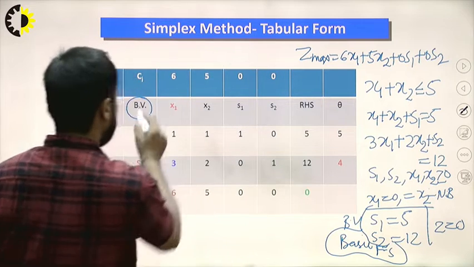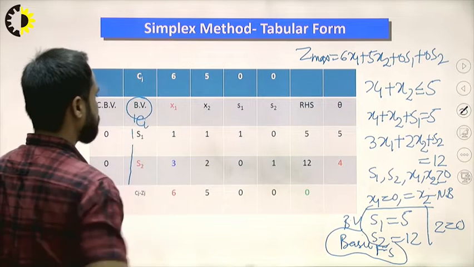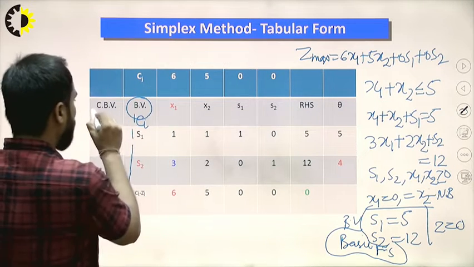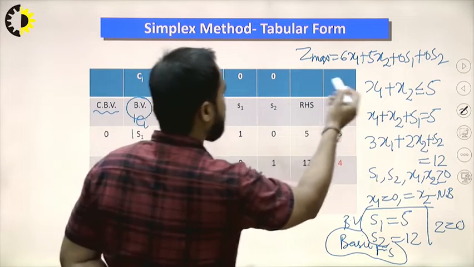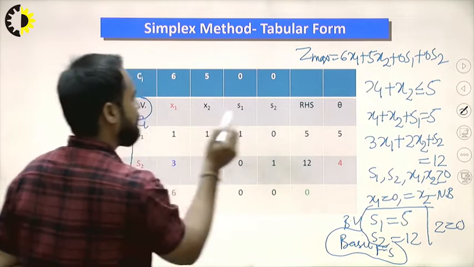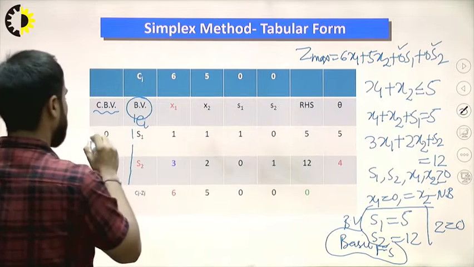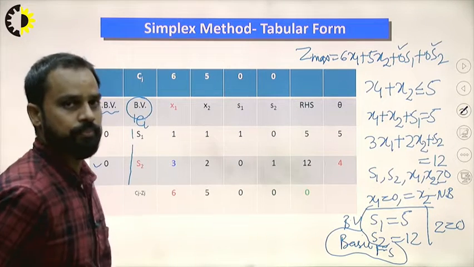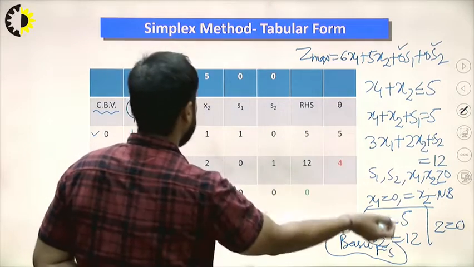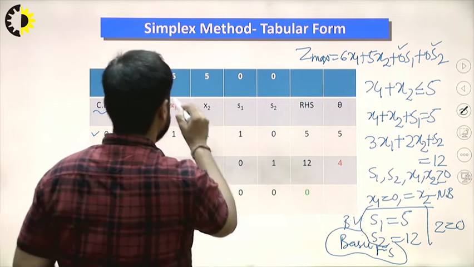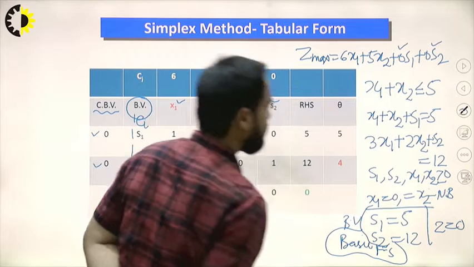Okay, so we write the basic variables here, generally represented by Ei, and these are the coefficients of the basic variables in the objective function. S1 coefficient is 0, S2 coefficient is 0. And these are the total variables in the constraints: X1, X2, S1, S2, and the right hand side of the constraint.